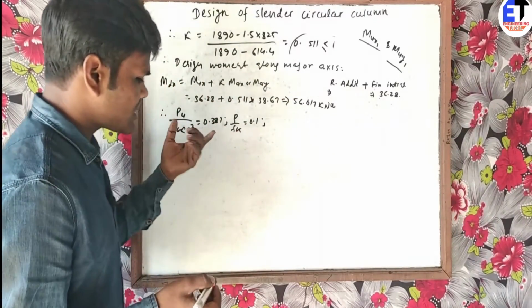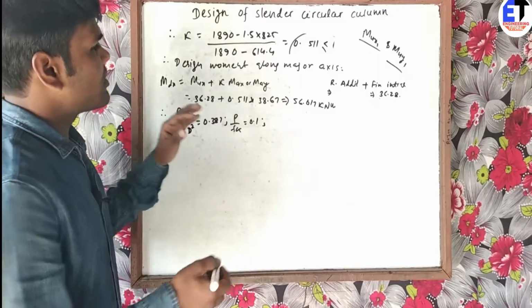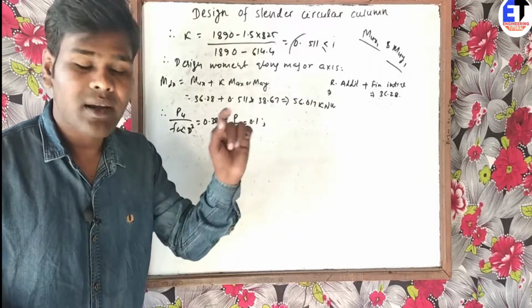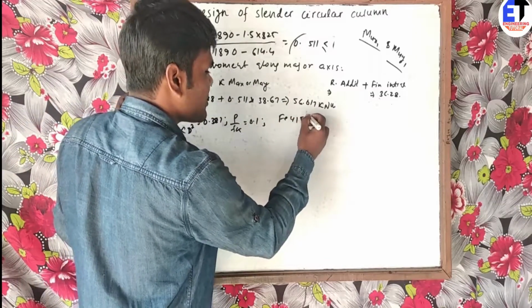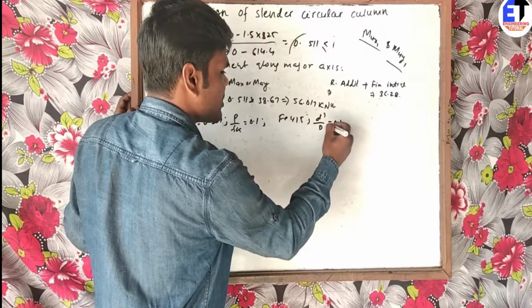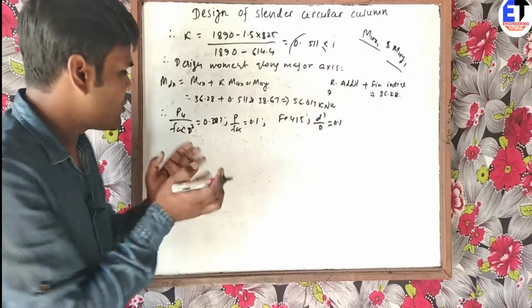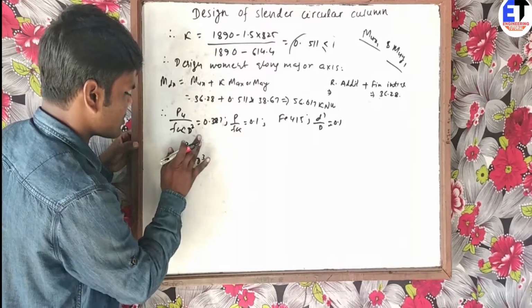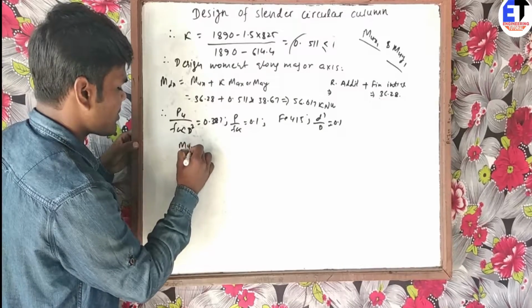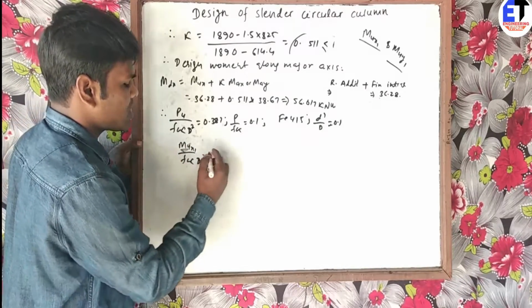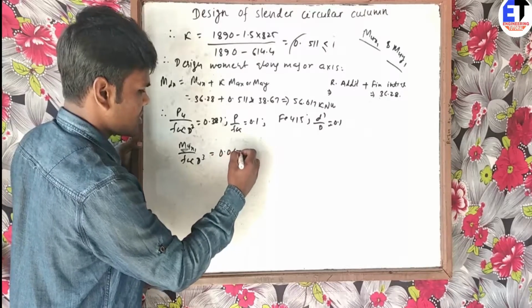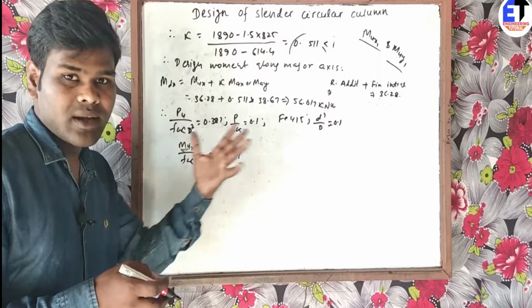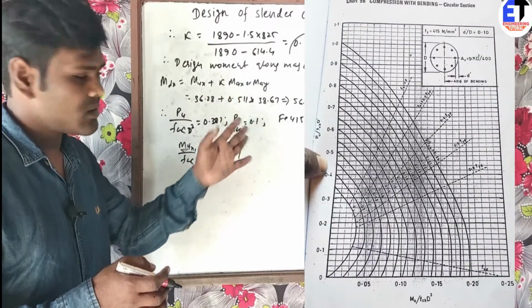So from the chart of the circular section, for equally distributed steel, Fe 415 and d dash by D ratio 0.1, you can find the value of Mux1 by fck D cubed, which is 0.067. Where I have taken this value from, look at the picture and you can analyze the chart number which I have shown.